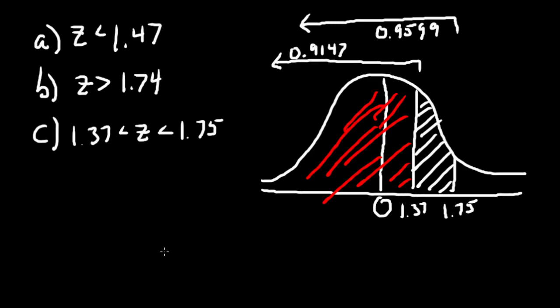Okay, so let's come down here. Let's write out our subtraction that we want to do. So we want to do 0.9599 minus 0.9147.